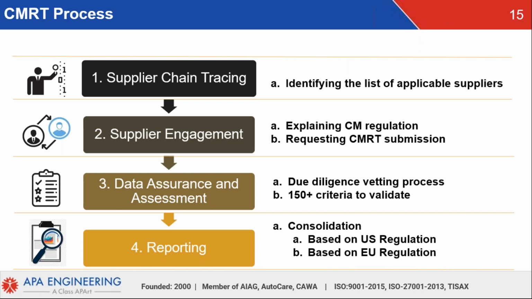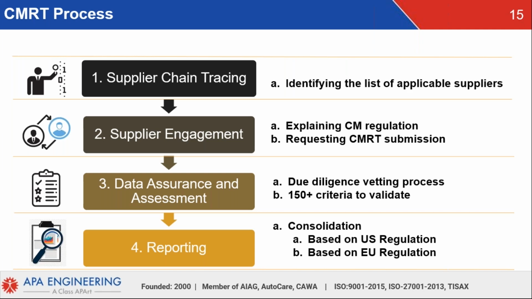This is called scoping. Historically, all the companies were requesting all the suppliers for the 3TG. Instead, if you do a proper scoping, a lot of initial work and effort can be minimized.